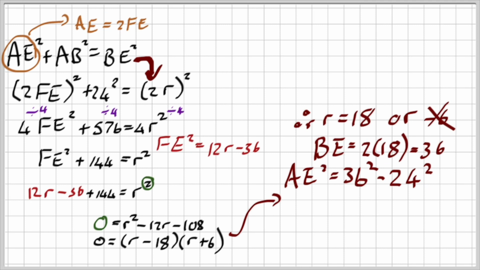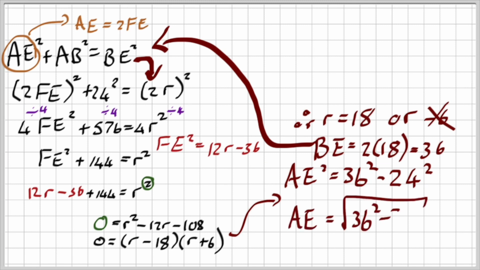I've got R, so I've got BE. Now I can find the length of AE as being the square root of that. And that leads me to AE being 12 root 5.